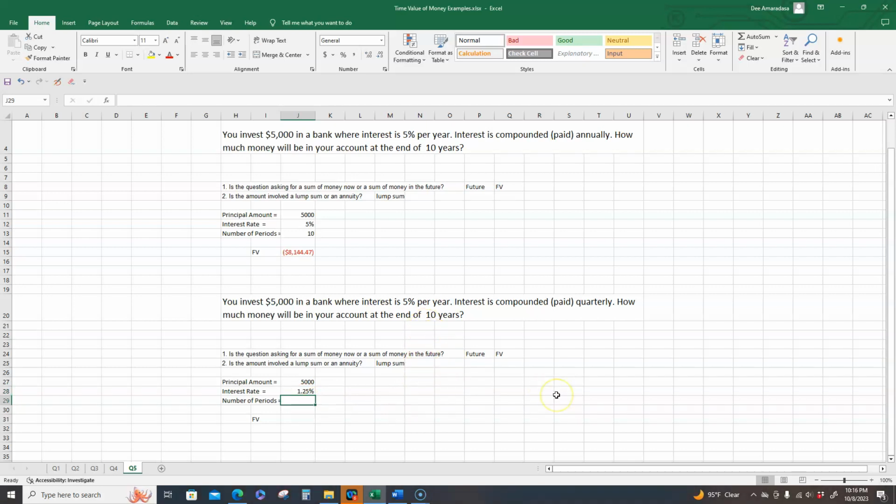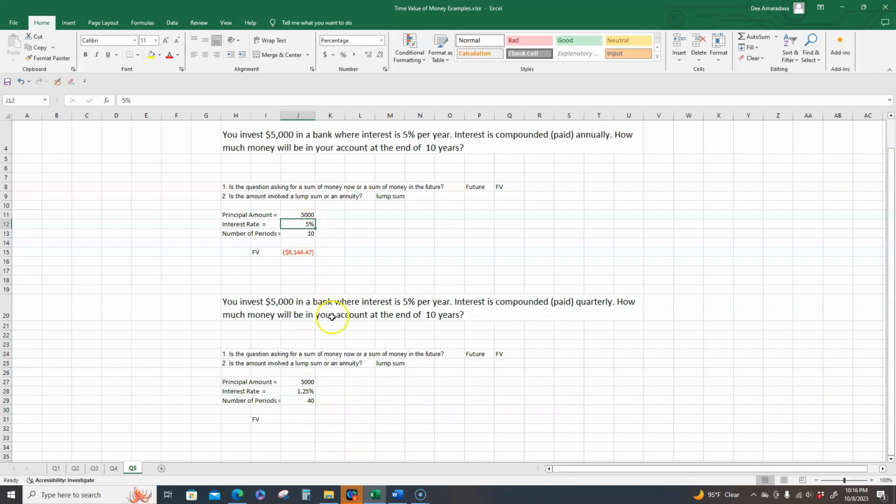Now, let's look at the number of periods. We're looking at 10 years, but how many times are we getting interest in that 10-year period? For each year, we're getting 4 interest payments. It's compounded 4 times, so we have to multiply by 4. Therefore, our number of periods changes to 40.